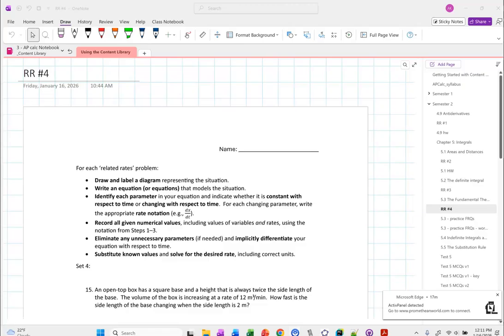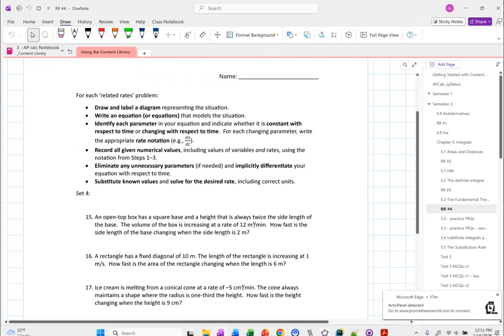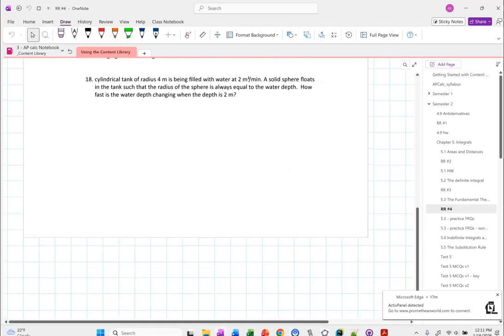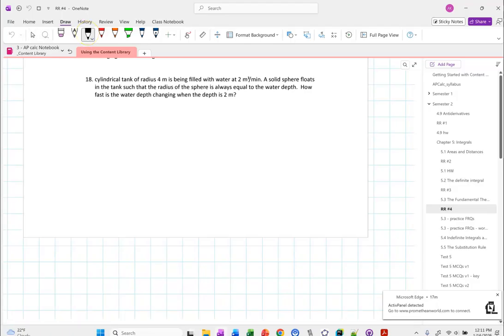Sure. I think again, this is the most challenging, largely because of the picture being kind of tough to visualize what's happening.